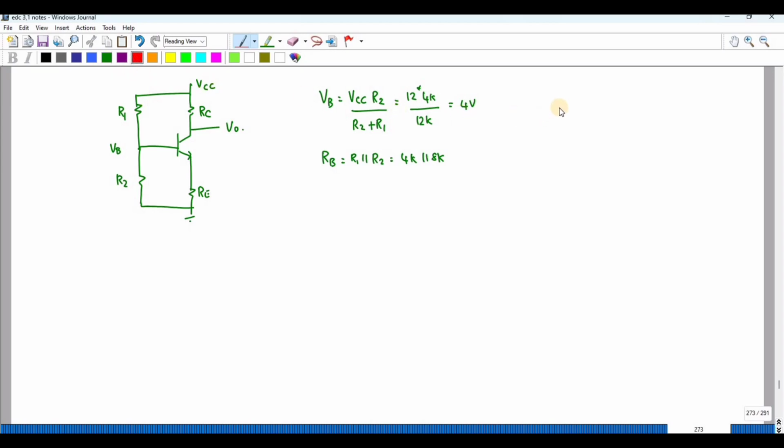So I can read out the equivalent circuit like this: this is your VB followed by RB, this is your RE, this is RC, VCC, and this is your output.